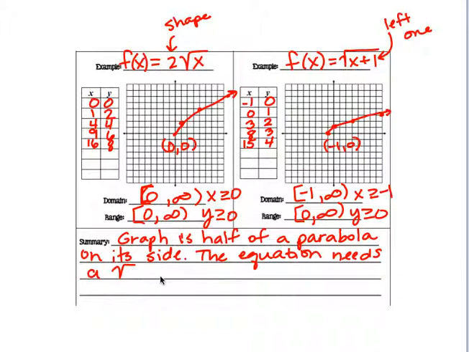When you create a table of values, make sure you don't ever create a value that will be negative under the radical, because if you do, you'd have i's, and we don't have i's, because this is the real number system. So use x values in your table that will produce positive values.